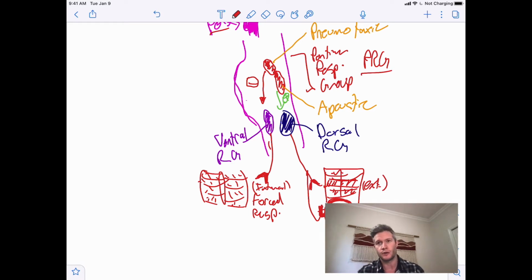Baroreceptors are also located in our aortic and carotid tissues, and they'll sense changes in pressure relative to the respiratory centers. In addition to that, the more interesting additional ones that I wanted to add would be stretch receptors and irritant receptors.